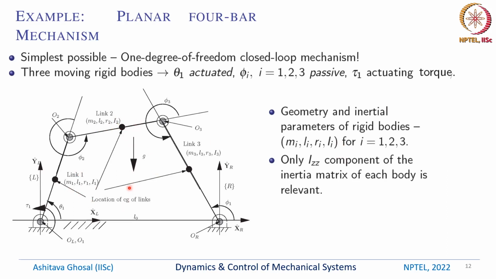And then there is gravity acting. We are going to assume that the CG of each link is located at R1 starting from here, at R2 starting from here, and at R3. So it is along the link. These are just simplifying assumptions. It doesn't make any difference whether this R2 has both an X and a Y coordinate.